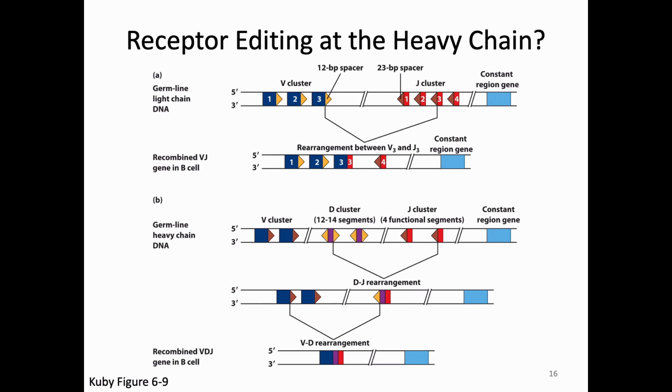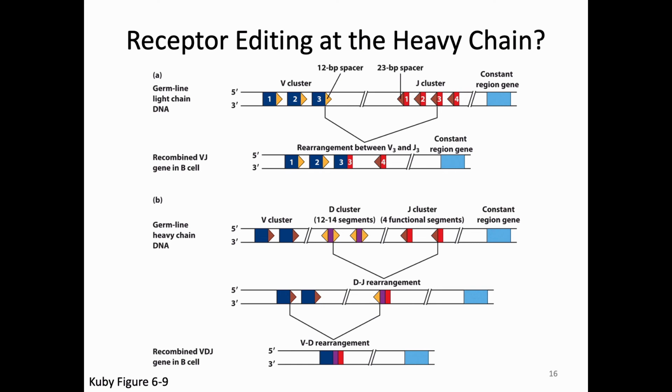So in the process of doing VDJ recombination of the heavy chain, we delete all of the D's. And as a result, we cannot receptor edit at the heavy chain locus because we don't have the things we need in our RSSs here.